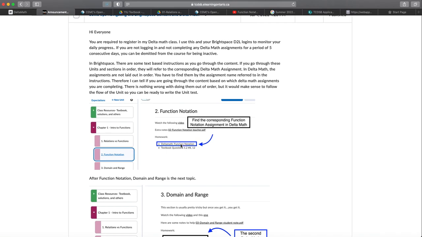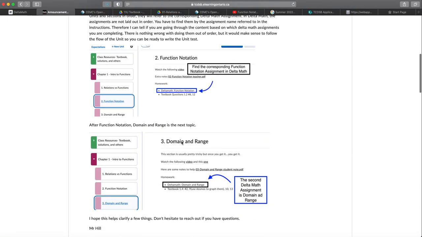But they're in the order that they're actually listed by name in Delta Math, so they're not in the order that they appear in the content. As you're going through this content, you do the Delta Math assignment that is named. After I've gone through function notation, I go to Delta Math and I do function notation.